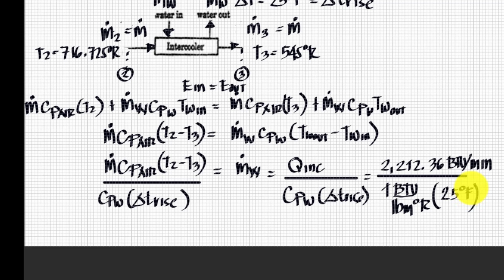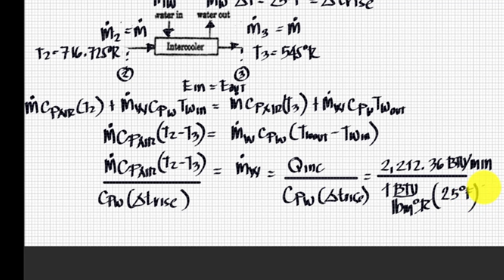Now this is already a change in temperature. If we're going to plus or minus 460 degrees Rankine, eventually it will be cancelled out. Eventually, this can be expressed as a degree Fahrenheit or a degree Rankine.